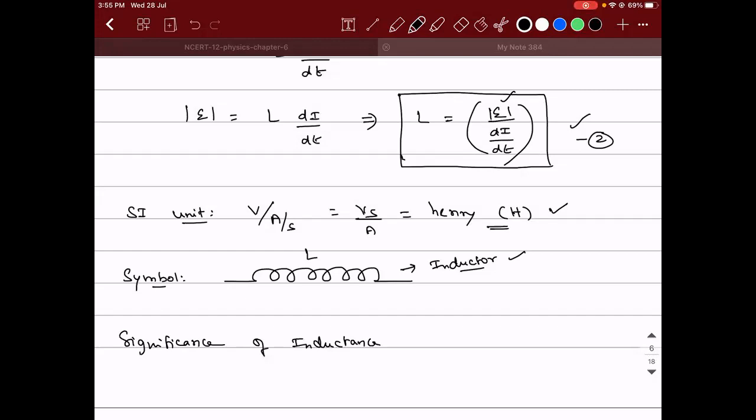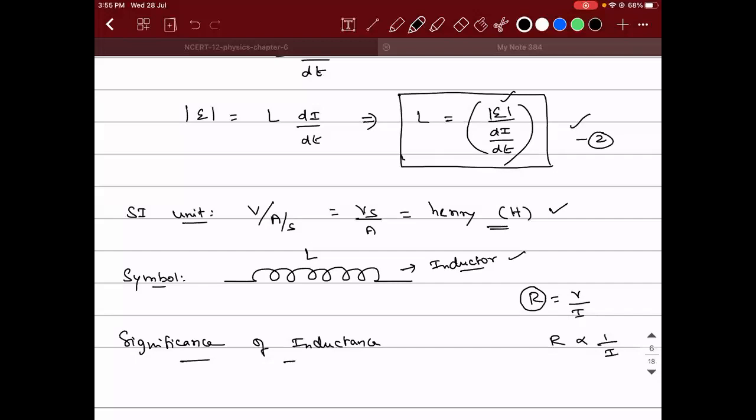Okay. See, if I ask you what is Ohm's law, you guys will say R is equal to V divided by I, or V is equal to IR, right? From where we can write R is equal to V by I. So we can say R is inversely proportional to I, accepted. So from this, what is that you can conclude, guys? You can say that the resistance will try to decrease the value of current in the circuit.